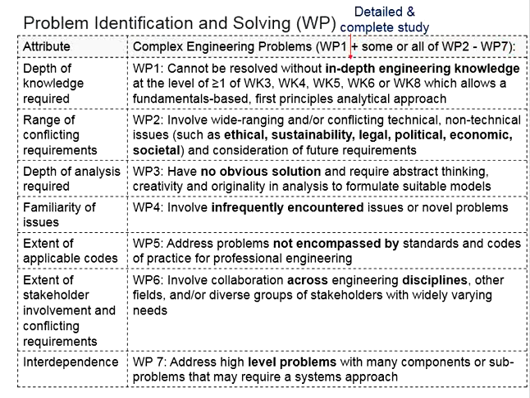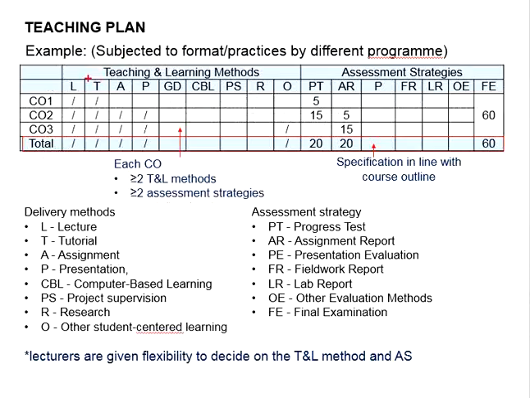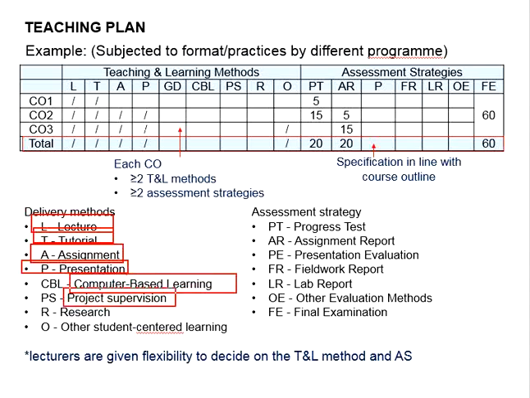Now, this engineering problem can be introduced in various manners as long as it is incorporated within the teaching and learning. Now, looking at your teaching and learning activities, there are lecture, tutorial, assignment, presentations, computer-based learning, project supervisions, research, and other student-centered learning.